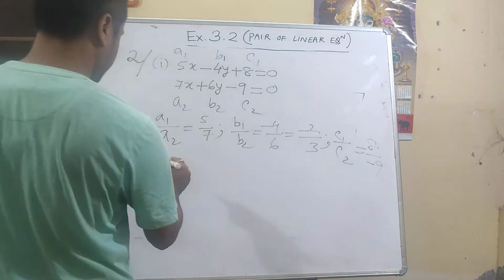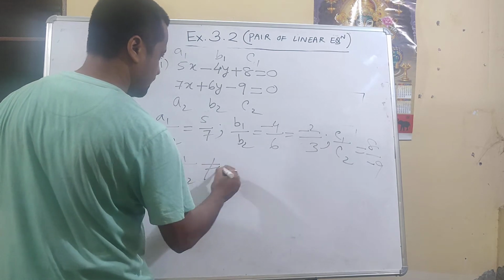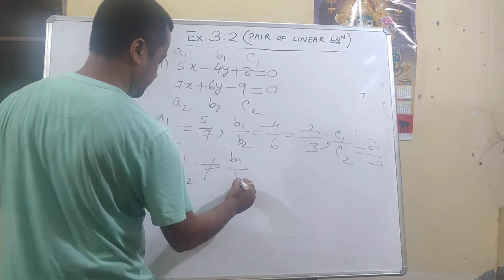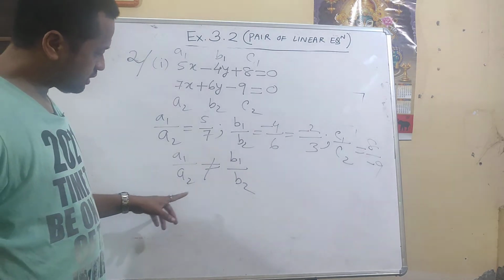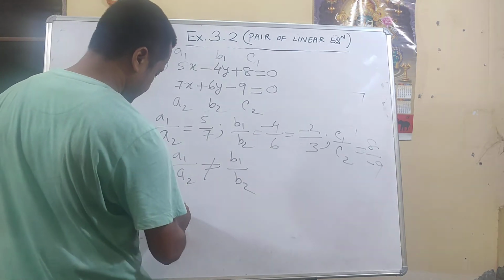So here A1 by A2 does not equal B1 by B2. So here the lines will be intersecting lines.